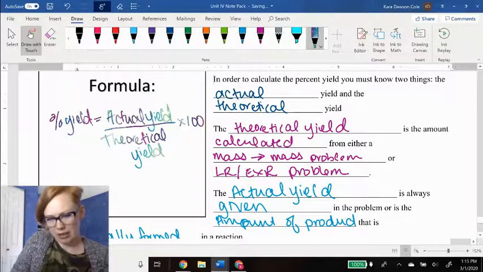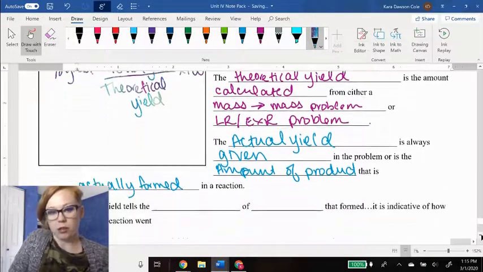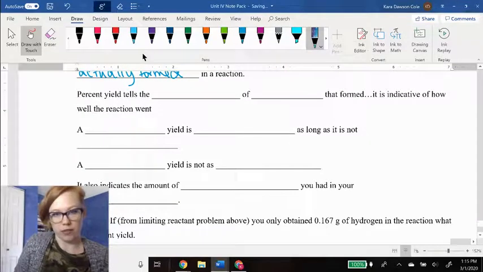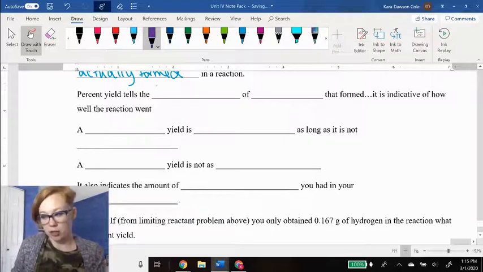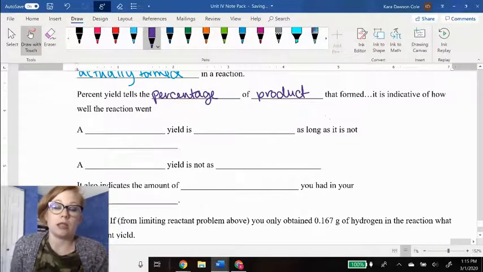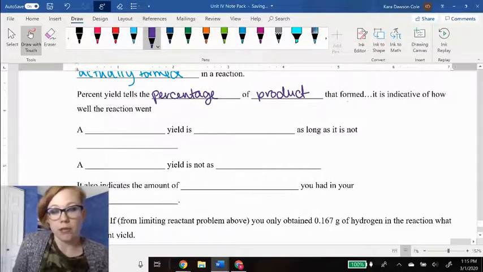So let's talk about this percent yield. What percent yield tells you is the percentage of the product that formed. You can say that this is the product that is formed, or you can say it's isolated.